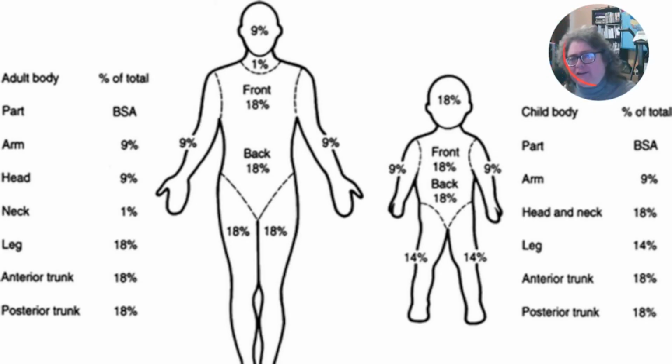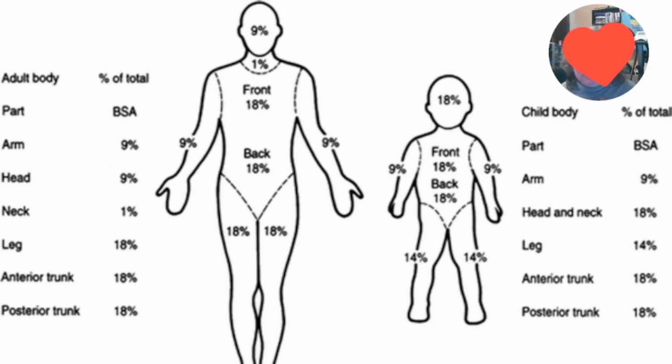Sorry, the back of his left arm is 4.5%. Add his lower back. Now, his lower back, the entire back, is 18%. So his lower back would be 9%. So all we do is add that up. 9 plus 4.5 plus 4.5 is total surface area burned of his body is 18%.